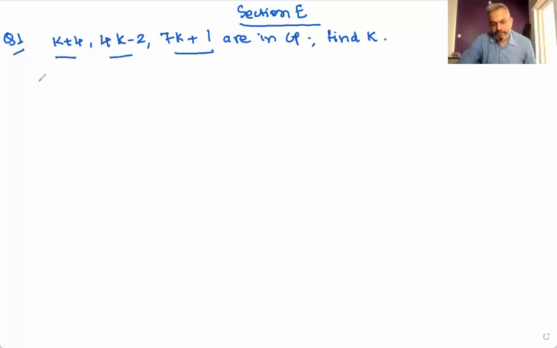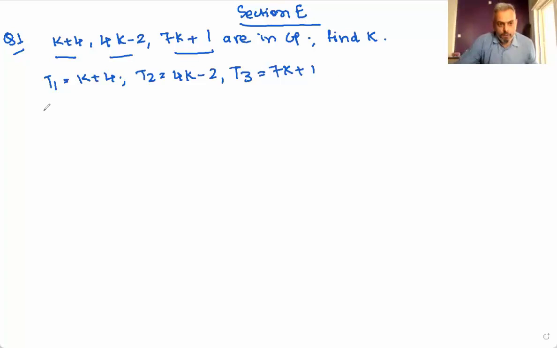So how do we do this sum? We will take T1 is equal to k plus 4, the first term, T2 is equal to 4k minus 2 and T3 is equal to 7k plus 1. Now we use this formula, T3 upon T2 is equal to T2 upon T1, or you can also write T2 upon T1 is equal to T3 upon T2.